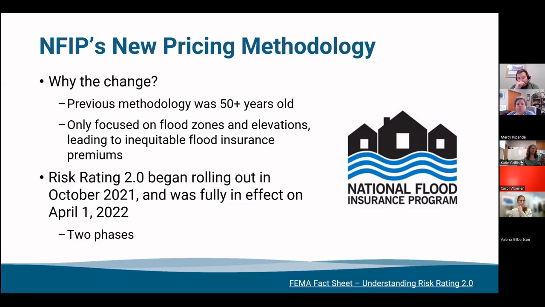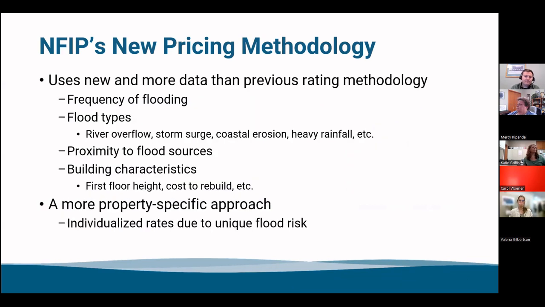And Michelle has put a link to the flyer talking about the new rating methodology in the chat. Now, what changed is that there are now more than 30 different variables that can feed into a flood insurance policy.